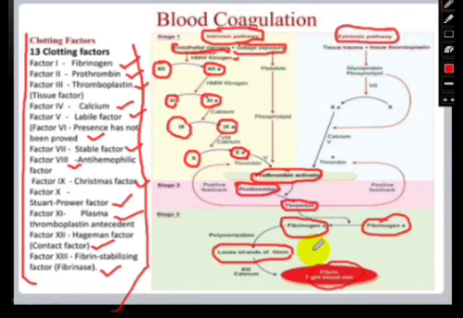Active fibrinogen will now form loose strands of fibrin on the surface of the injured site. This loose strand of fibrin becomes hardened and sticky on the injured site to form a tight, hard fibrin strand. And then blood stops coming out from the wound.